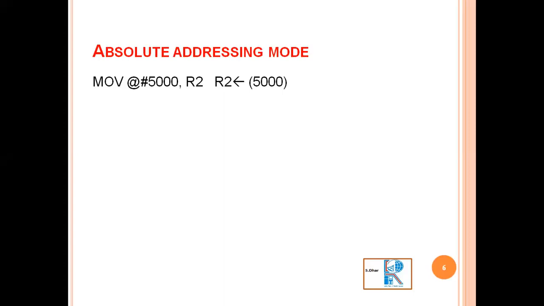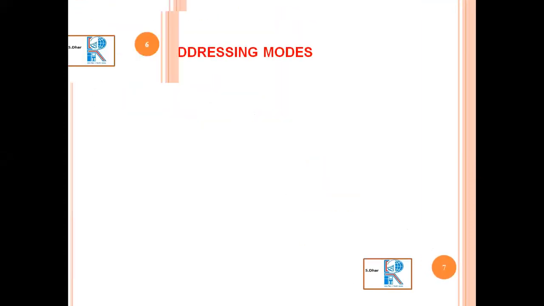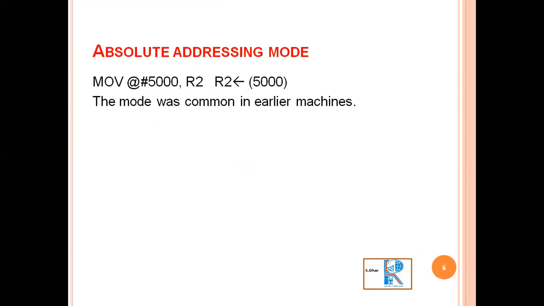Now, what is absolute addressing mode? In the absolute addressing mode, the particular address is given in the instruction and the processor will find the data from that address. Clear? Suppose here it is given MOVE @#5000, R2.